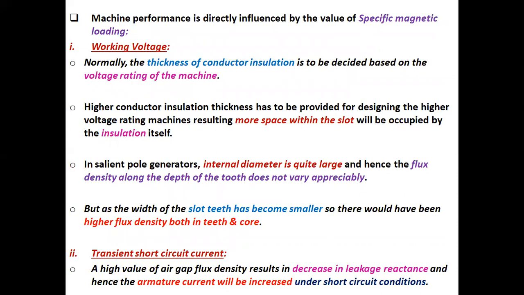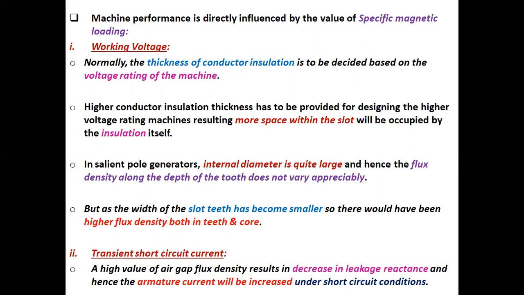First, we consider working voltage. Normally, the thickness of the conductor insulation is decided based on the voltage rating of the machine. Higher conductor insulation thickness has to be provided for designing higher voltage rating machines, resulting in more space within the slot being occupied by the insulation itself.